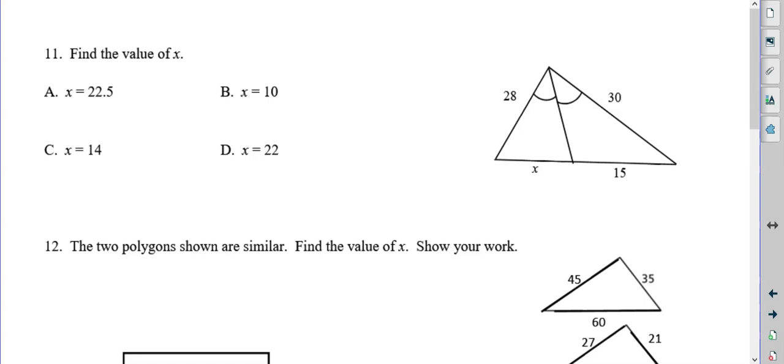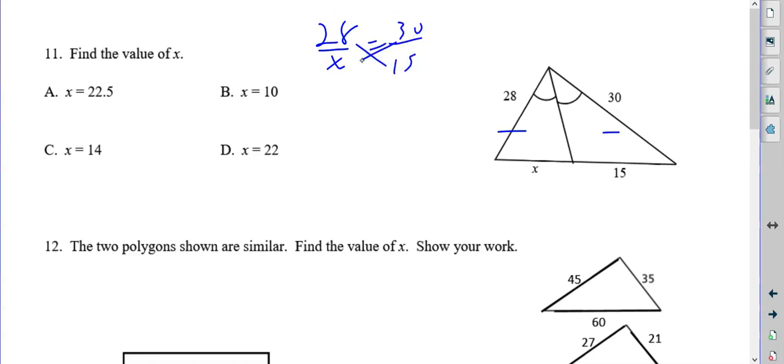All right, find the value of x. So when we have the situation, we can literally make our fractions right there. 28 over x, 30 over 15. Now, if you see the shortcut here, you can have this done with very little work. But otherwise, we're going to do 28 over x equals 30 over 15.